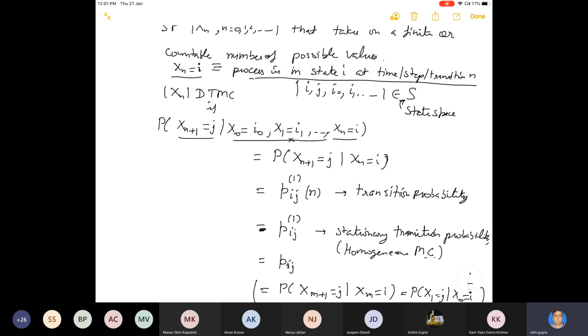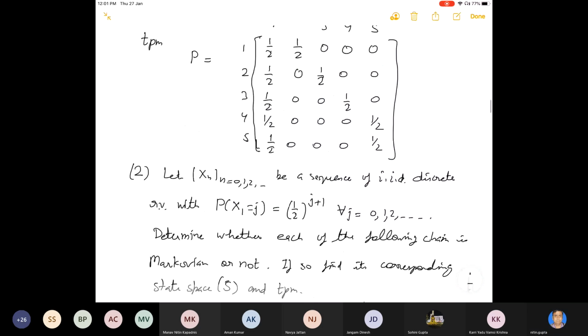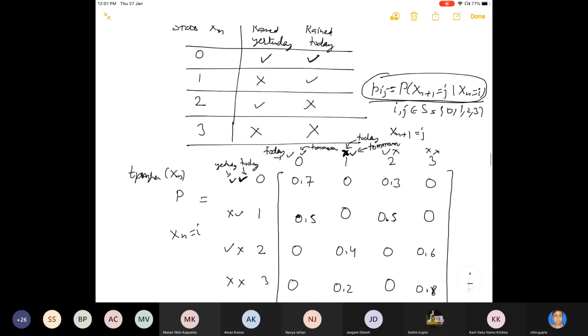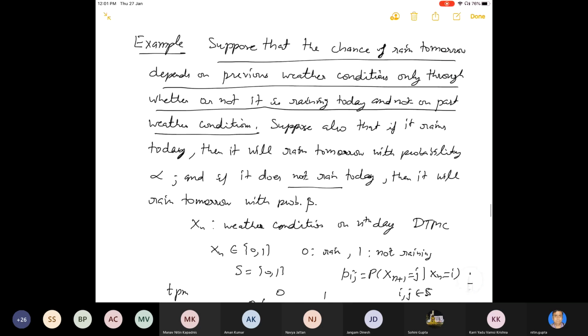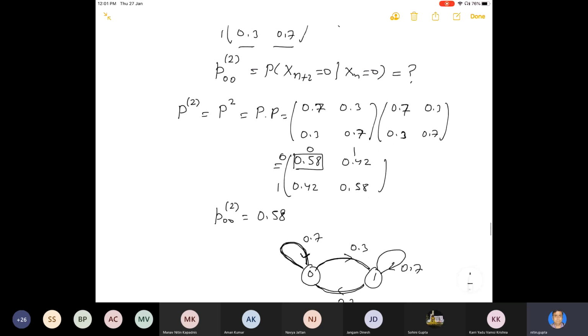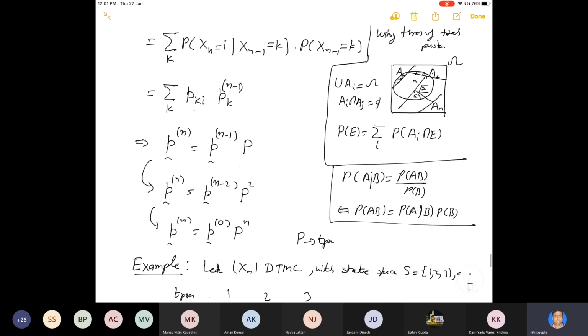So that is the definition. That means some kind of dependence is there here, but the dependence is just on the previous state, not on all the values.